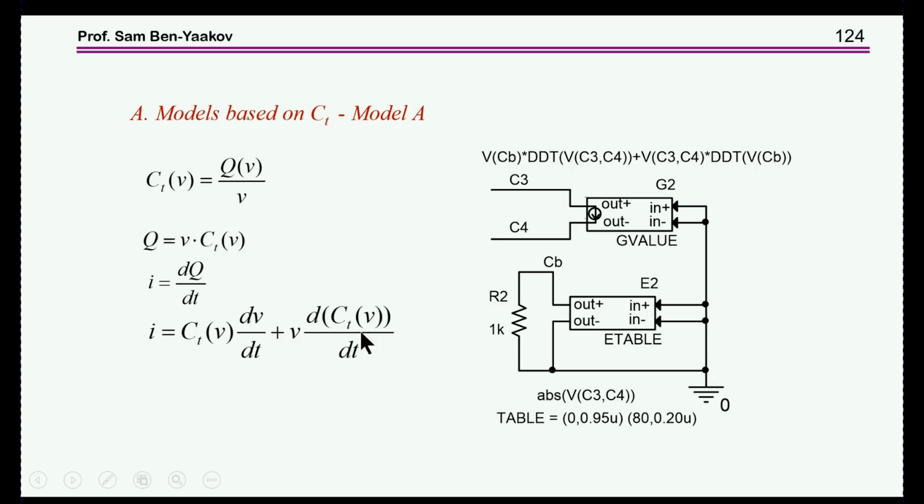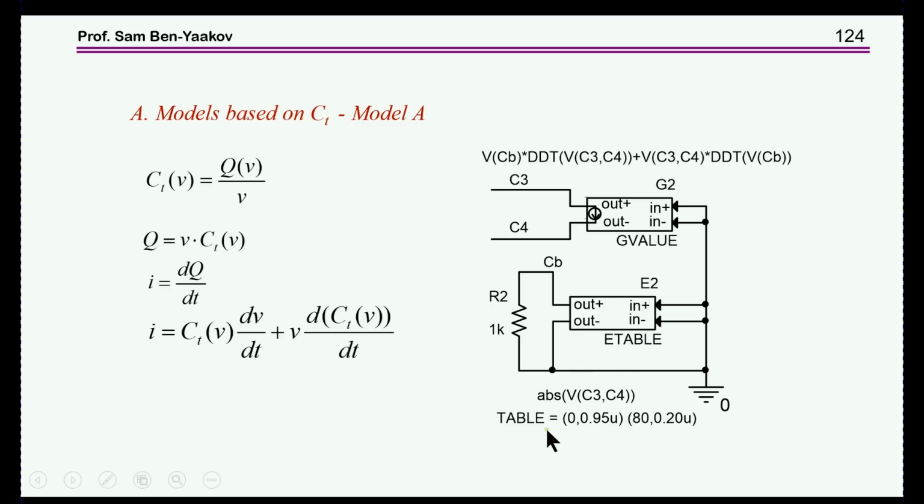Very easy. What does it say? It says the total capacitance times the derivative of the voltage, plus voltage times the derivative of the capacitance. So the first thing I do, I generate a voltage which represents, for any given voltage here, a capacitance.